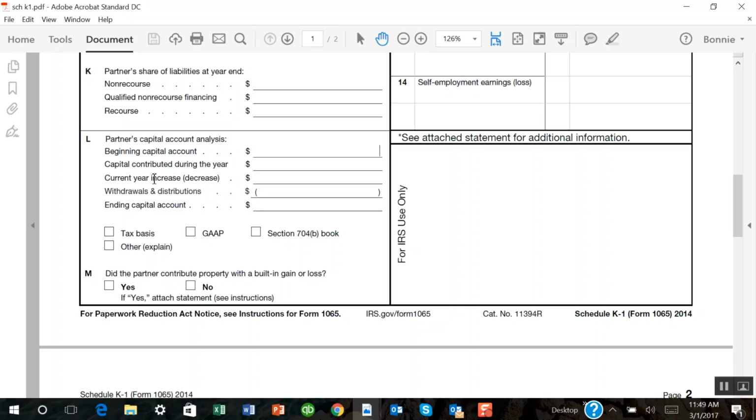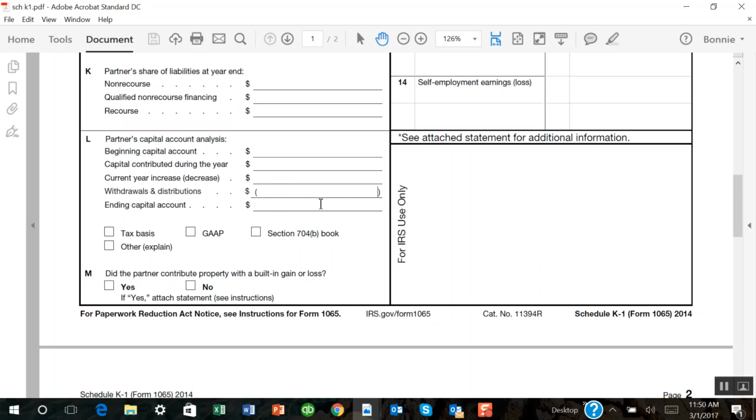Then if he actually contributed any property during the year, and they call it capital here, then you would list something on line 2. And then his capital account increases or decreases by his share of items from the partnership. And then there might have been a distribution made to him, and if there was, then that's a reduction to his capital in the partnership.